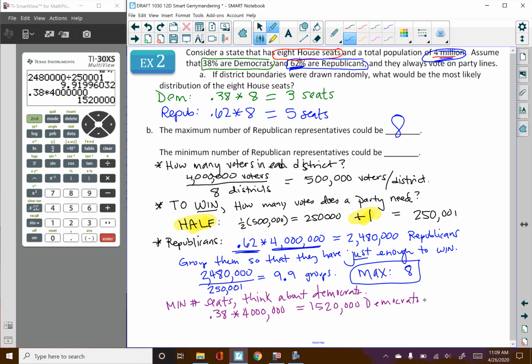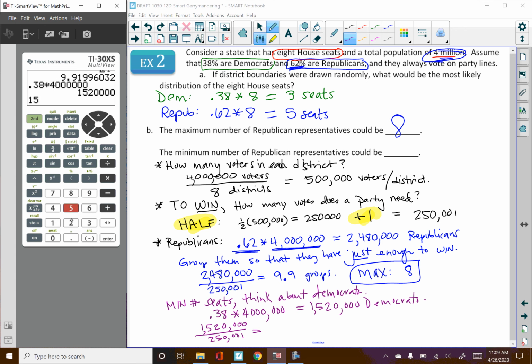So if we think about how many of them we could group into districts that are just enough to win, we would take that 1.52 million and divide it by 250,001. That gives us 6.07.